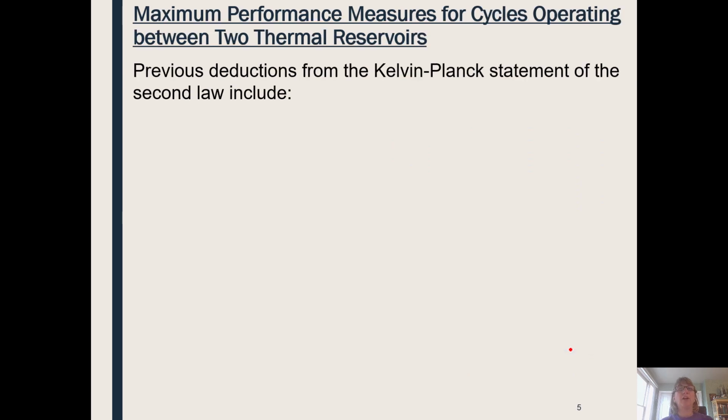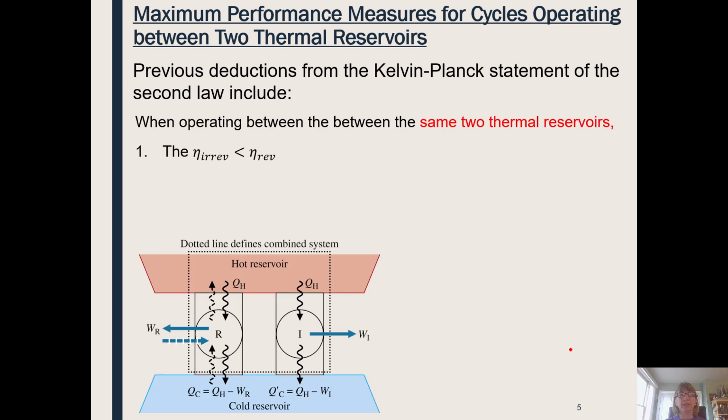Next, we're going to look at what we can do with our Kelvin-Planck statement, with the second law, keeping that in mind. The Carnot corollary states that if we have two systems, one reversible and one irreversible, going between the same hot and cold reservoirs, then the performance of the reversible heat engine is going to be greater than if there are irreversibilities present.